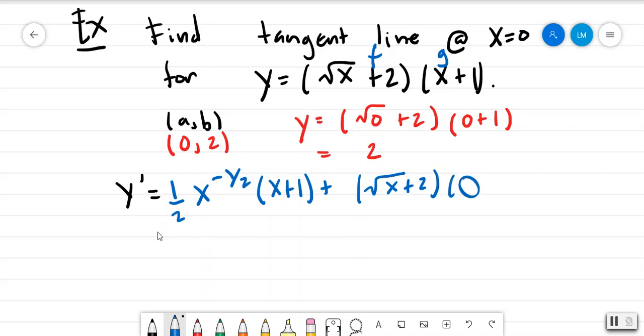So what happens is that I end up with 1/2 times x plus 1, all divided by the square root of x, and then plus, what is that? That should be 1.